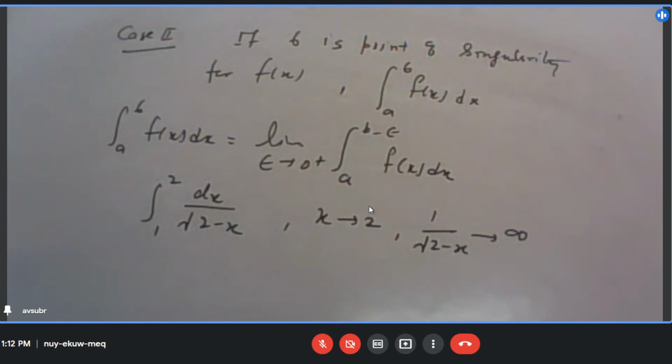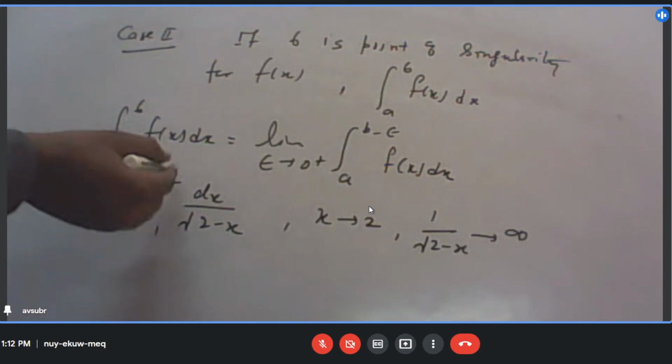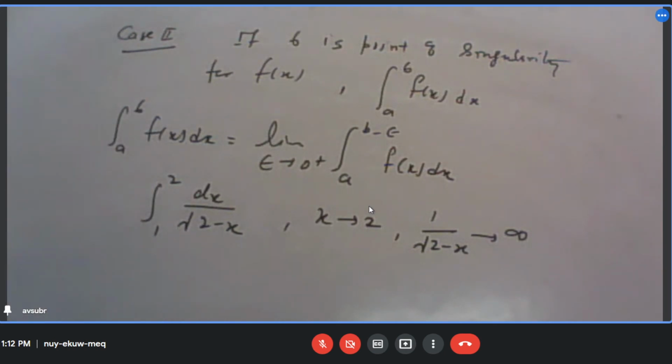So where is the singularity? At the higher end. At the upper limit, singularity exists. That is, the function is discontinuous. Is it or not?